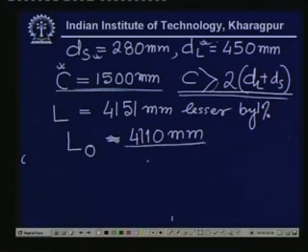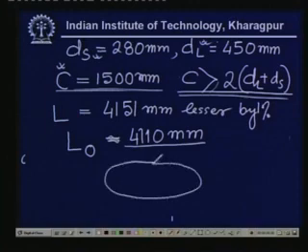You cut a belt length and put it together, and here is the joint. As I told you, you should take care of this joint. Sometimes clips are attached, sometimes it is cemented. Those manufacturing cares you have to take into account.